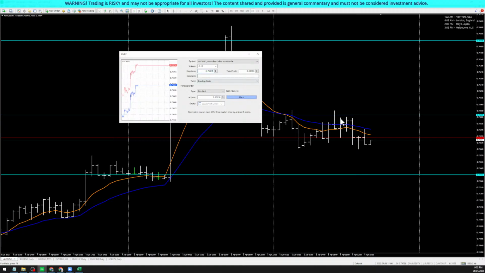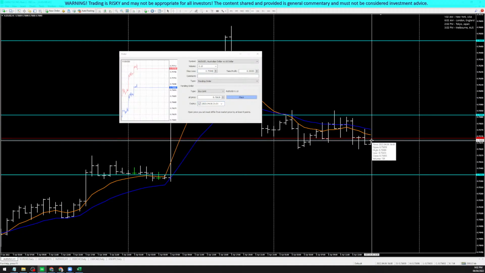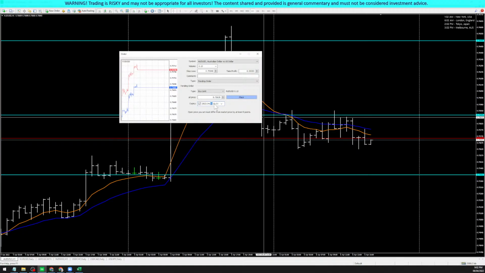Again, I'm always looking for a level where I can hide my stop loss from the market. Then we can set an expiry until about 17:00, since we are on the 1-hourly chart. Okay, good.